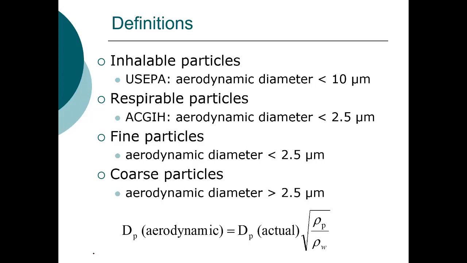Fine particles are typically defined as particles less than 2.5 microns, coarse as greater than 2.5 microns. So the definitions that we use for particles vary with agencies, with regulations, with really who's using these terms.